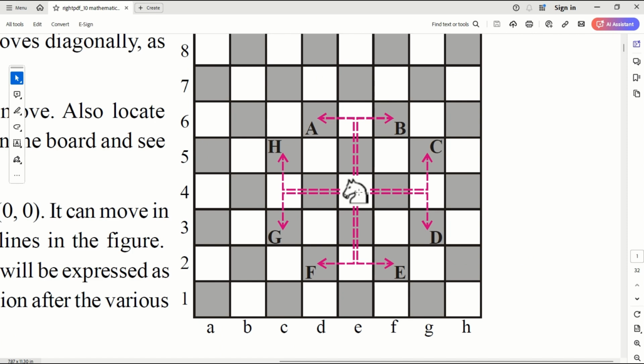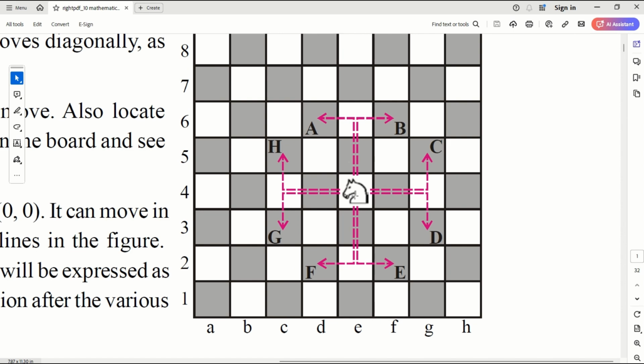If you are playing chess already, you know how a knight can go. It normally takes two steps in one of the horizontal or vertical directions, then one step to the left or right. So a knight can go to A, B, C, D, E, F, G, or H. All these positions are possible for a knight.